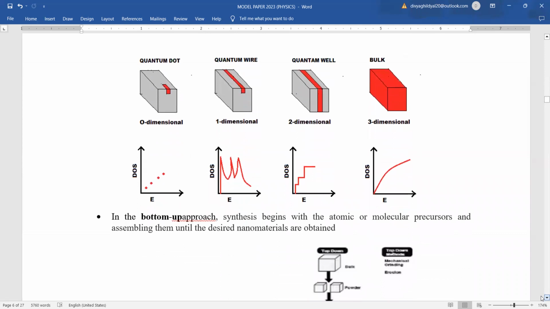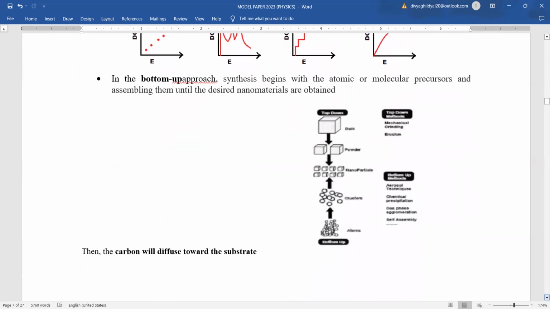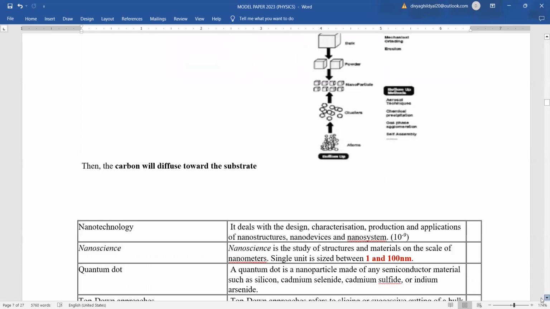Quantum dots are 0-dimensional, wire is 1-dimensional, well is 2-dimensional, and the bulk ones are 3-dimensional. How are nanomaterials prepared in the laboratory? Two ways are there: bottom-up approach and top-down approach. Bottom-up means that synthesis begins with the atomic or molecular precursors, assembling them until the desired nanomaterials are obtained.